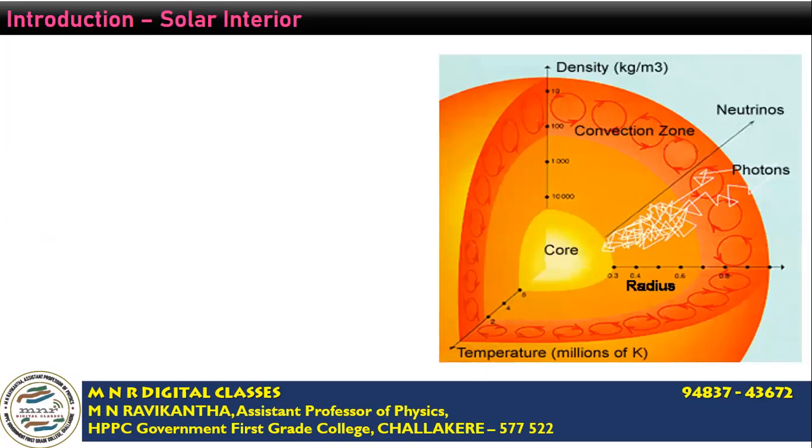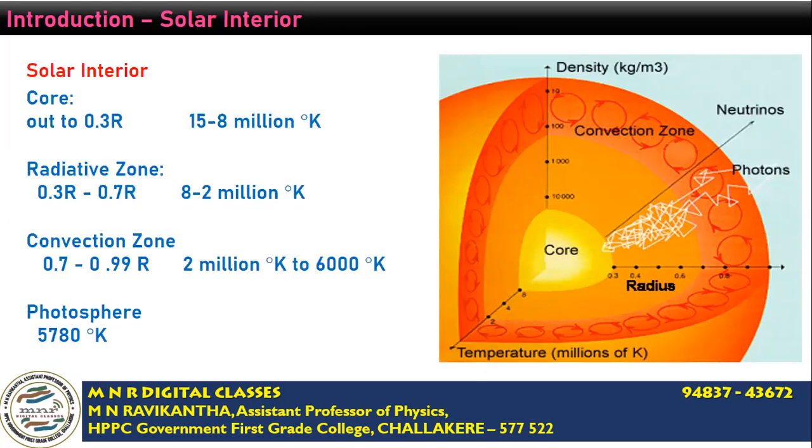Now let us have a brief look at the solar interior. Now observe the plot. Here we have along the x-axis the radius variation, along the y-axis density, and along the z-axis temperature variations. Inside the core, the core extends up to 0.3 times the radius of the Sun, and the temperature changes from 15 million Kelvin to 8 million Kelvin.